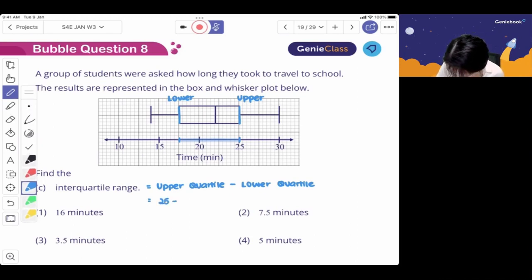So 25 minus 17.5. That will give us 7.5 minutes.